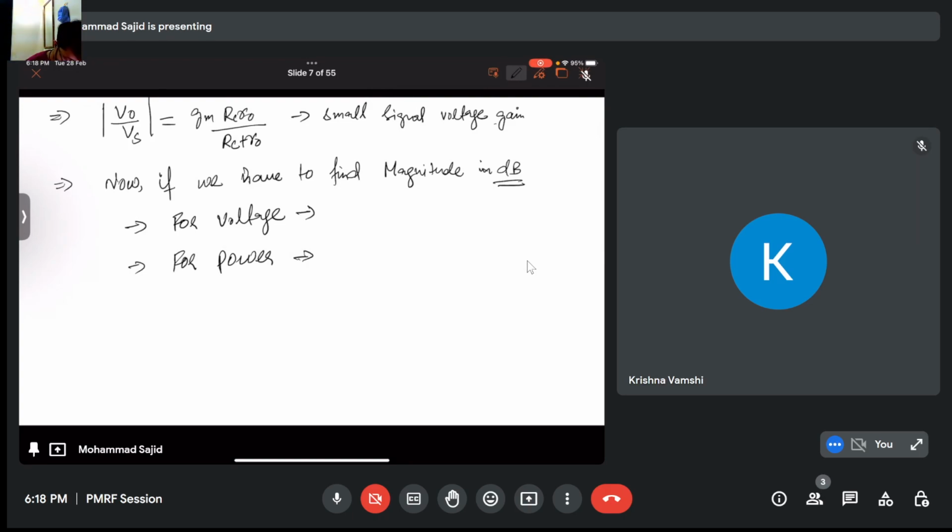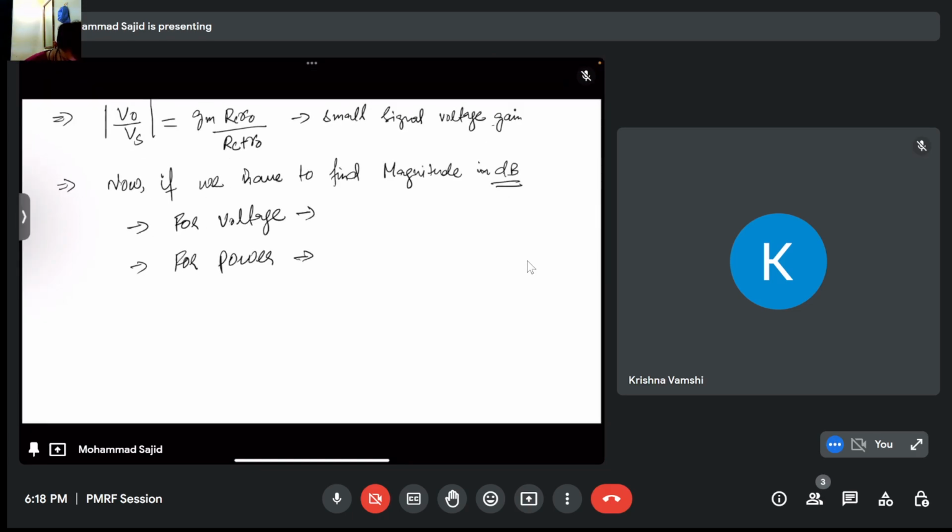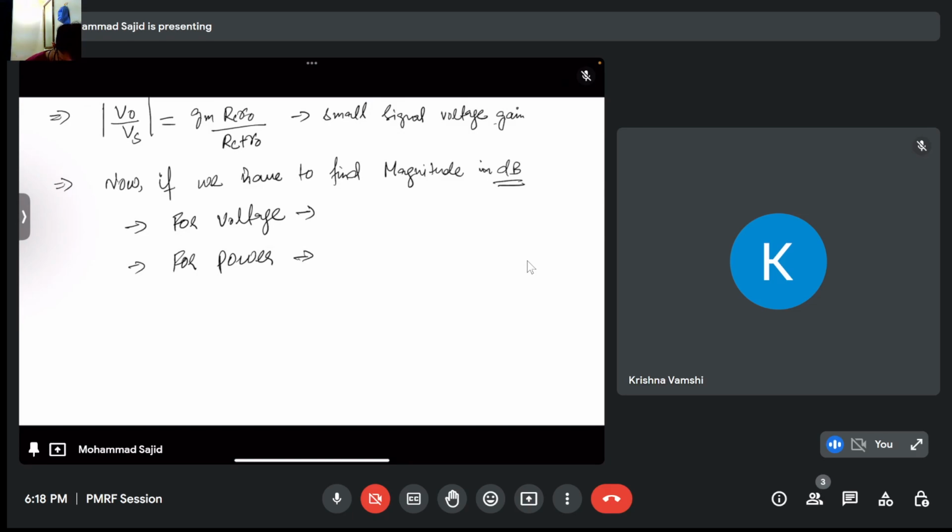Okay, let's write the formula. The formula says if you have voltage variables and want to denote them in dB, you have to use this formula, 20 log V naught by Vs. And if V naught and Vs are in power, then you have to use 10 log P naught by Ps.